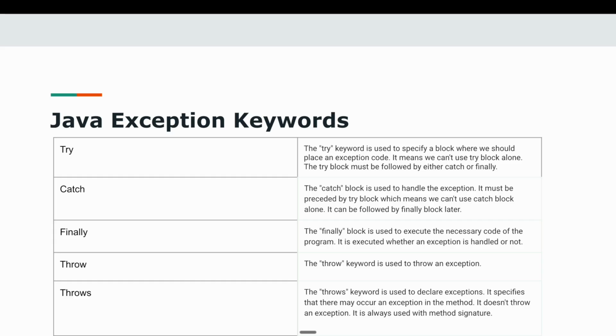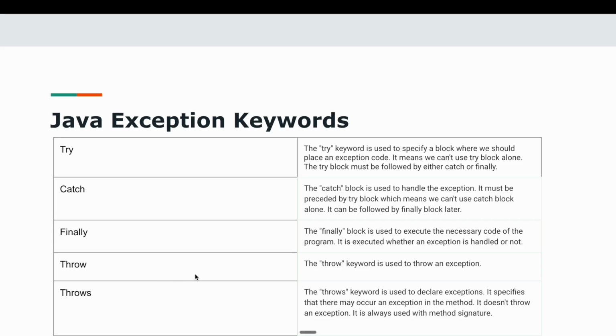Custom exception is different, which I will discuss in a later part of the video. But throws, when you don't use try catch, but this piece of code will throw the exception, in that case you can declare that exception at the method level. So it will handle that exception, which we will see in the example.